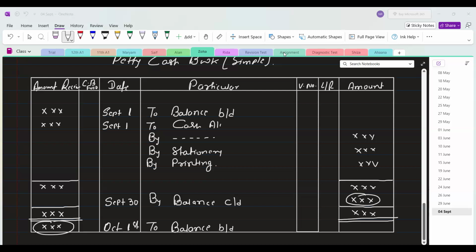Yeah, I finished writing. Okay, so this is our simple cash book.